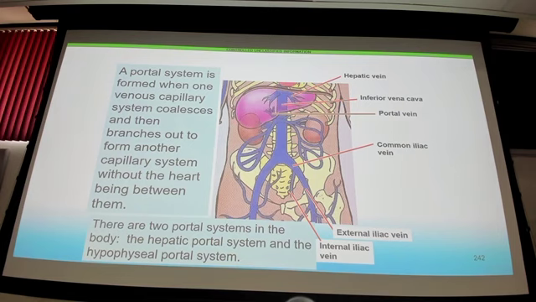Because in the hepatic portal, we had oxygenated blood going to the GI tract. Superior mesenteric artery, inferior mesenteric artery, they provided oxygenated blood to the GI tract. Your hamburger was there, and you took in nutrients. And so the GI tract used that oxygen. It needs oxygen too.